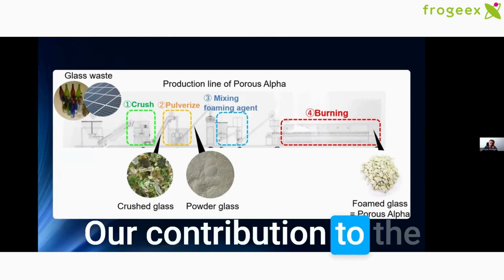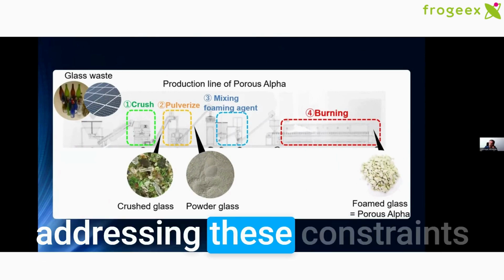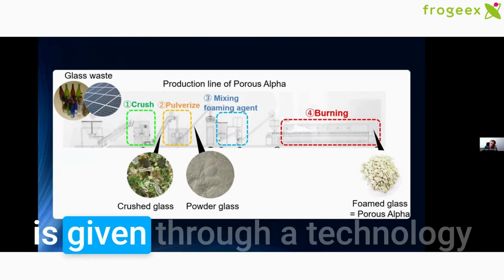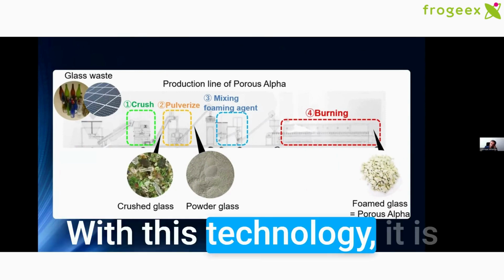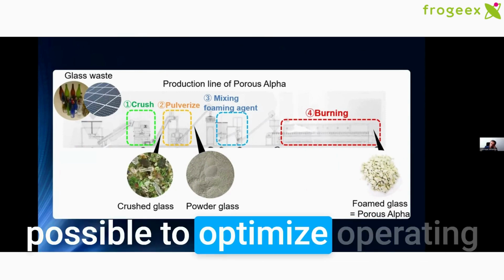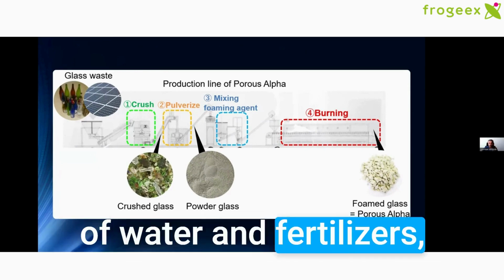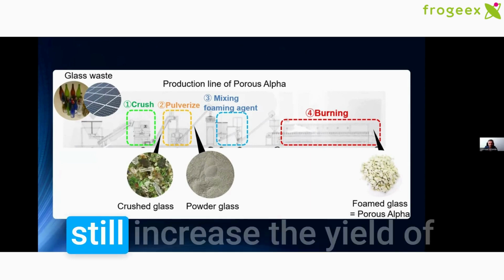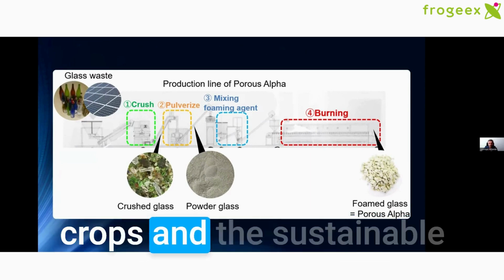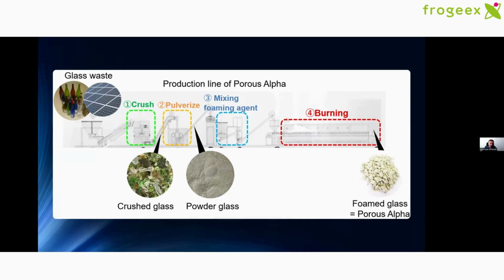Our contribution to the mitigation of these effects and to companies in addressing these constraints is given through a technology called porous alpha. With this technology, it is possible to optimize operating costs by reducing the use of water and fertilizers, but at the same time, still increase the yield of crops and the sustainable preservation of biodiversity.